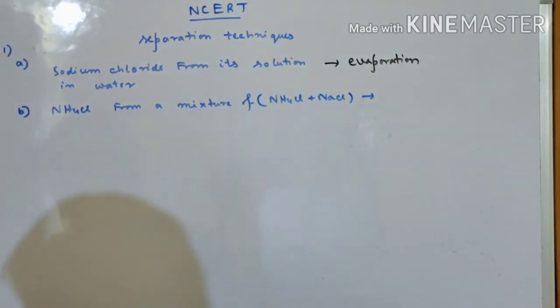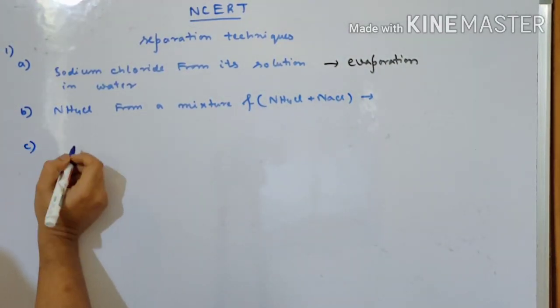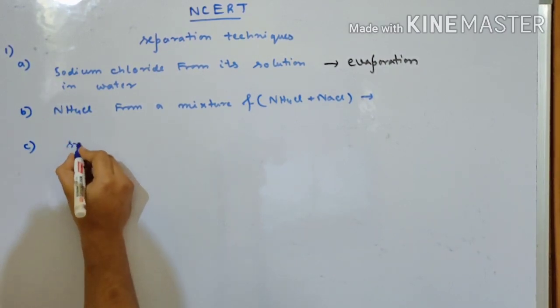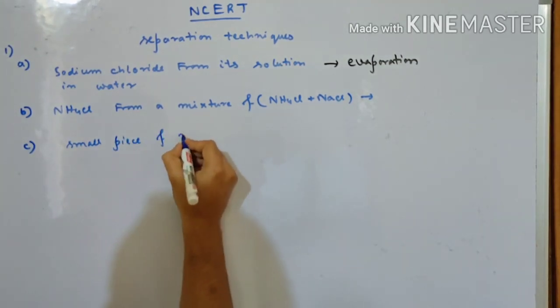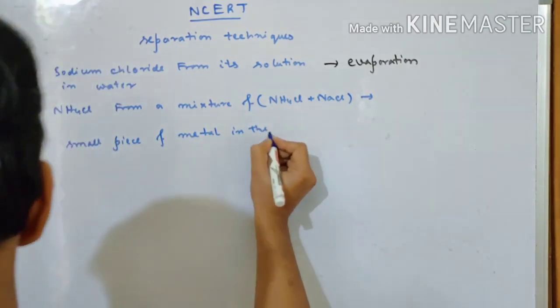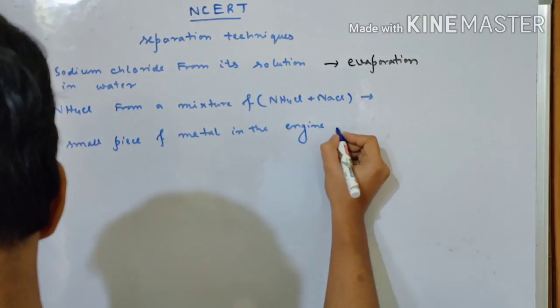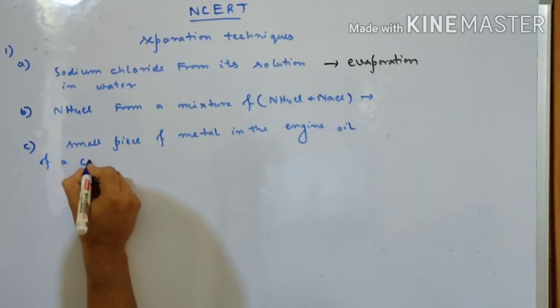So from this, how can we separate? Next one is small pieces of metal in the engine oil of a car.